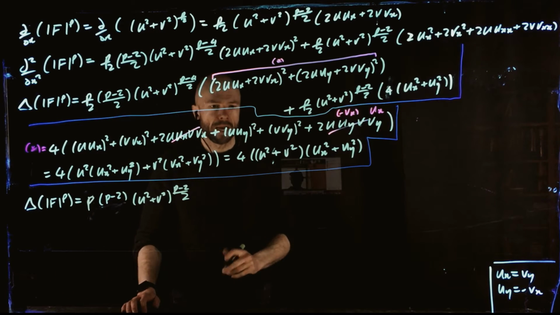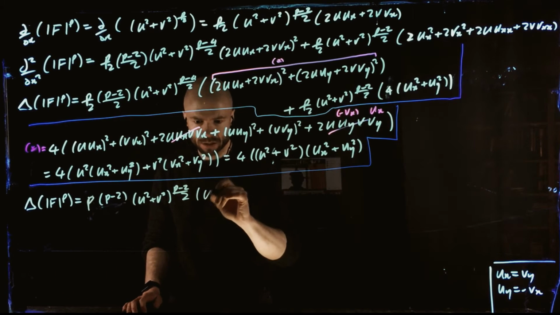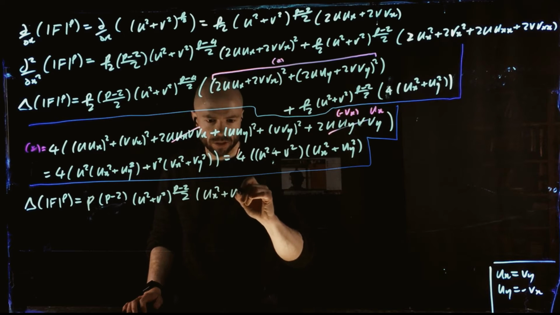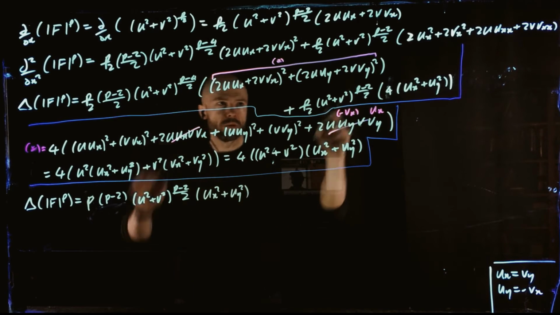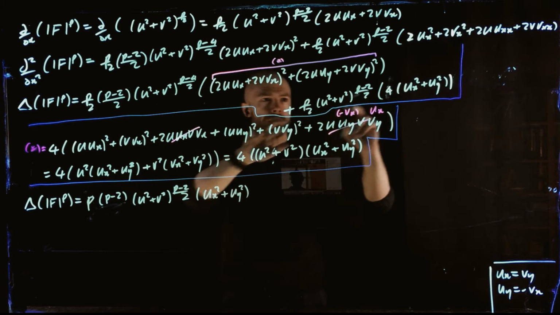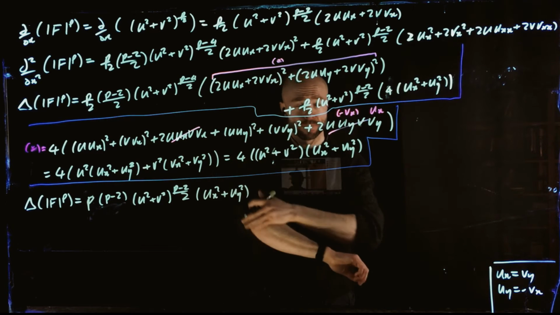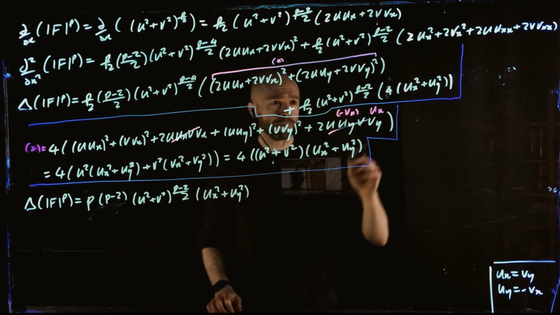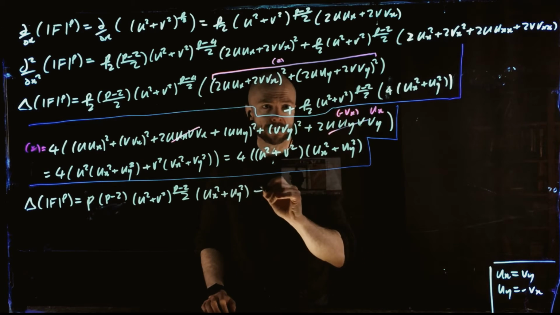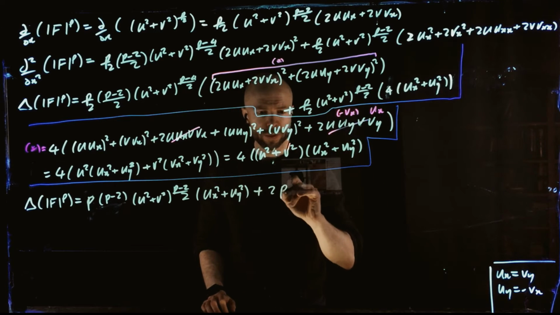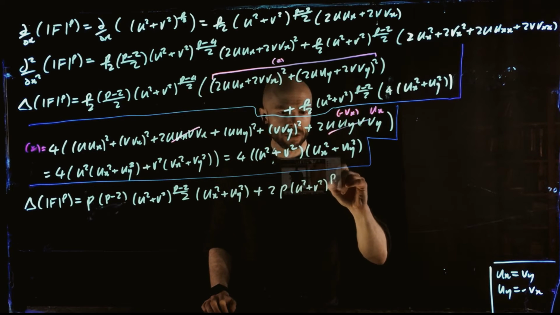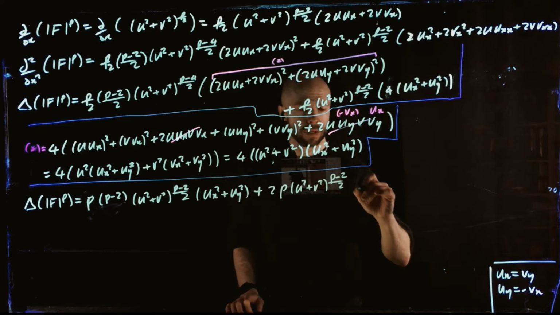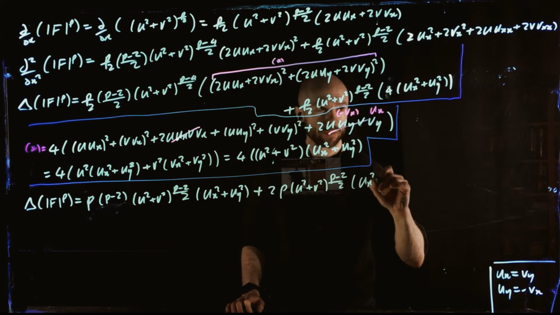And the only thing remaining is this thing, u of x squared plus u of y squared, like this. Yeah, so that's what we get from that thing. And now we add this thing to it. And what do we have? Plus, so this 4 will turn this into a 2p of u squared plus v squared to the p minus 2 over 2. And again, this u of x squared plus u of y squared.